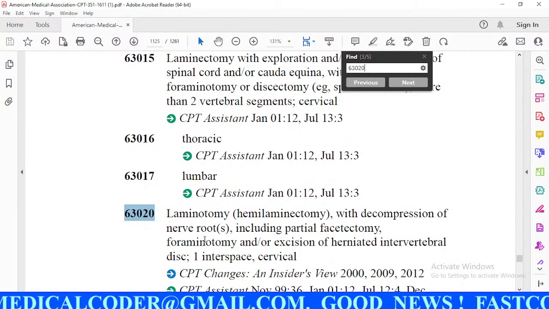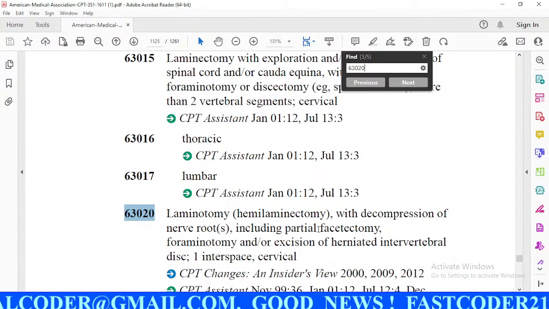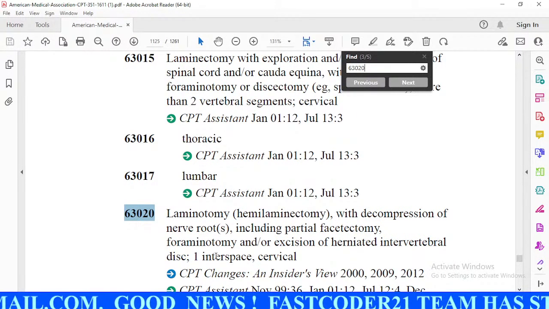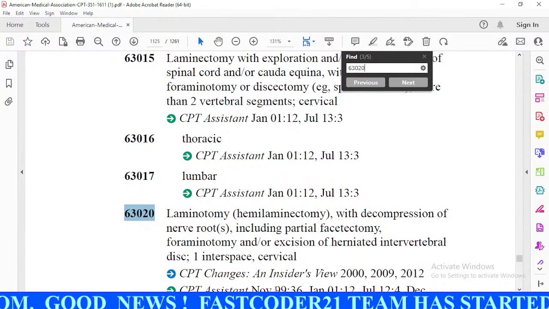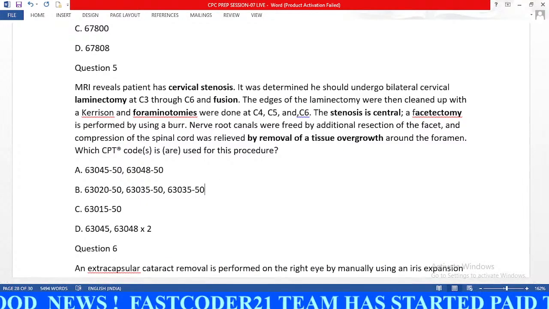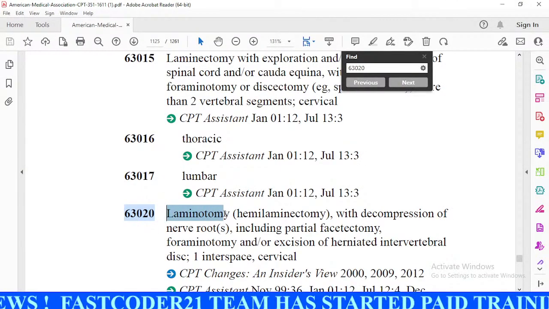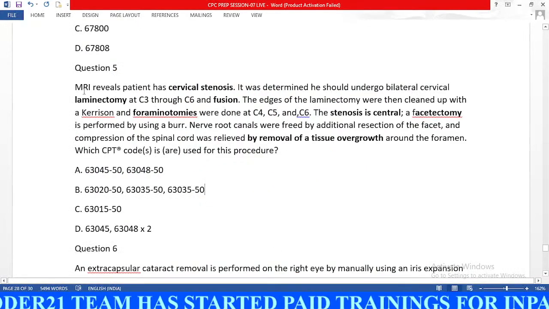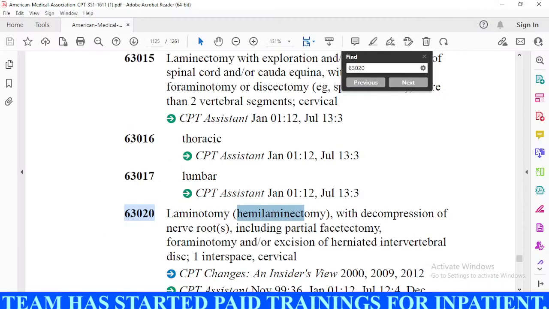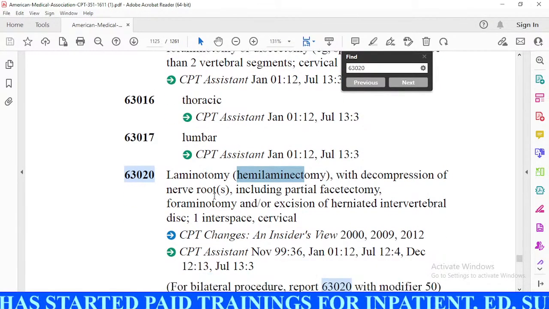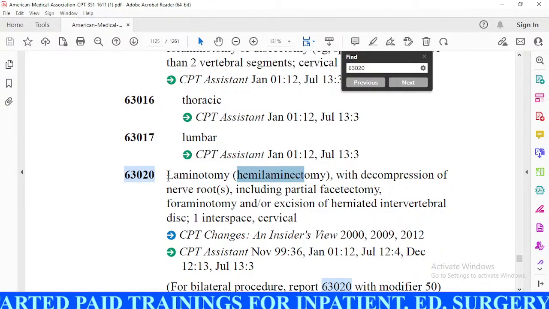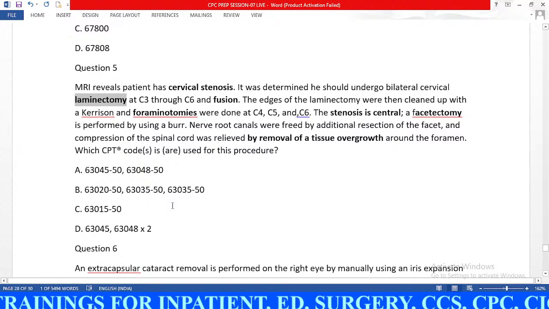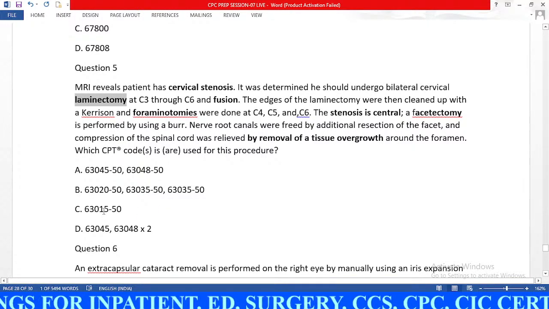So if you see, laminotomy with decompression of nerve root including partial facetectomy, foraminotomy and excision of herniated intervertebral disc. So here our keyword is laminectomy, but in the code description it is laminotomy. Usually we call it hemilaminectomy. So our keywords are different here. So directly we can eliminate code 63020, so we can eliminate B. Next one, we check 63015.